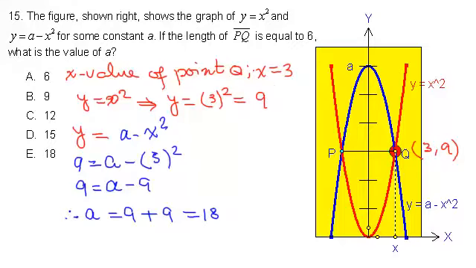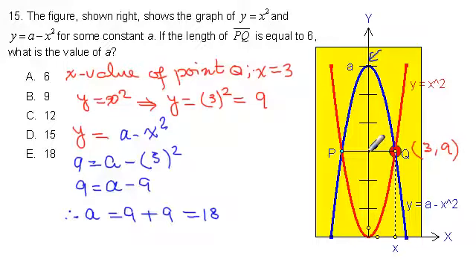The third approach: the equation of the blue parabola says y equal to a minus x squared, where a is the constant which shows the y-intercept of the blue parabola. Now the blue parabola and the red parabola look like reflections of each other about the line PQ.